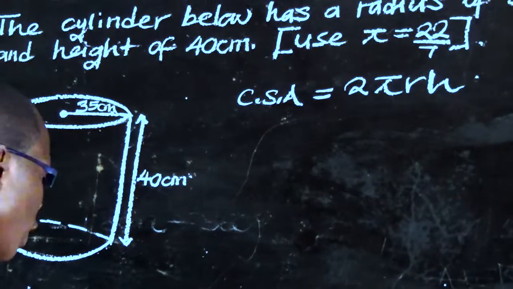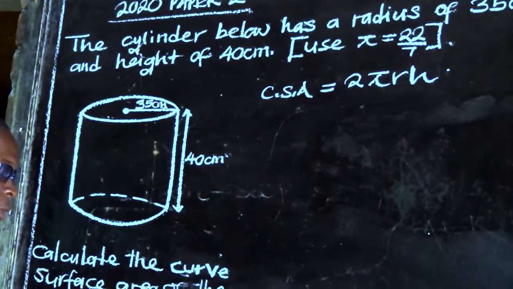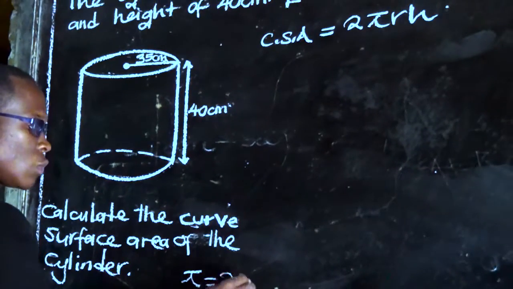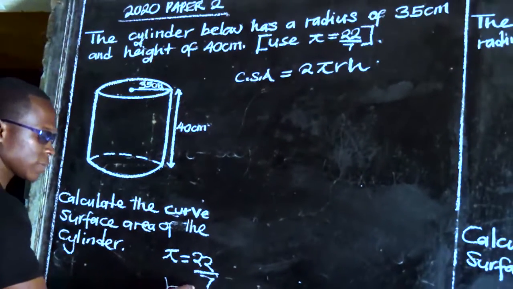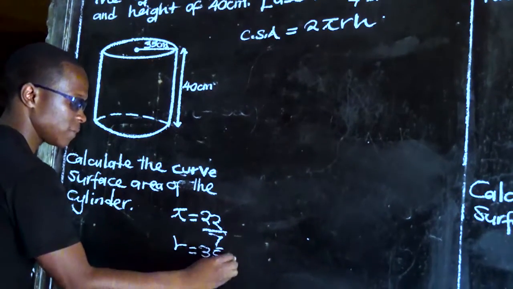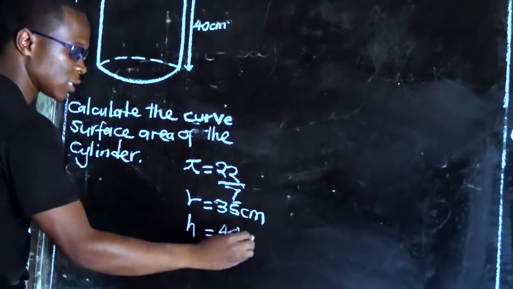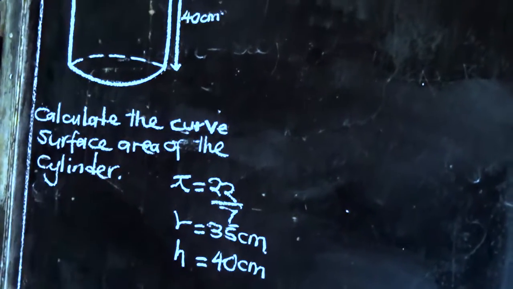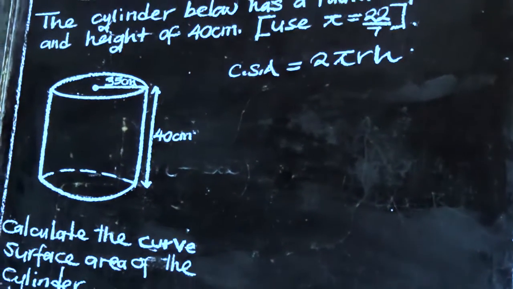That's the formula for finding curved surface area. So in this case, we have been given pi to be 22/7, the radius to be 35 centimeters and the height to be 40 centimeters. So what we want is the curved surface area for this particular cylinder. Are we together?